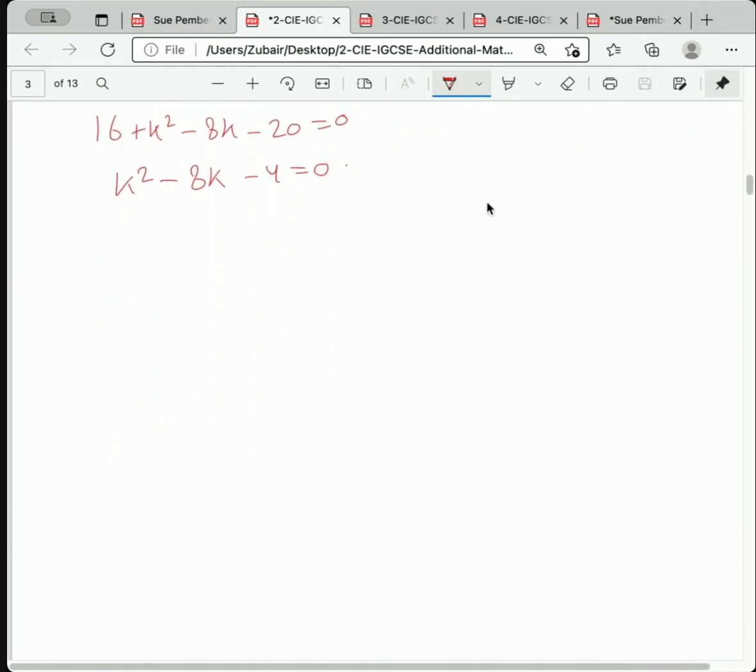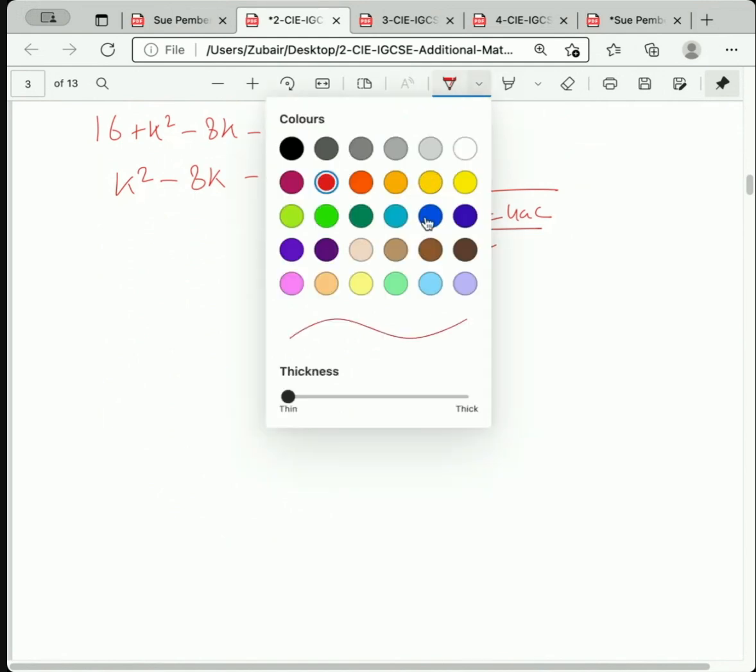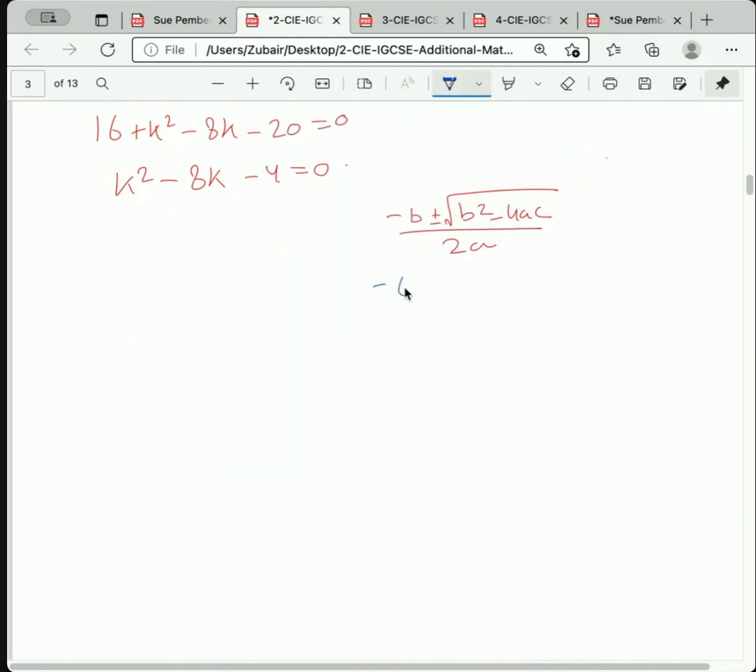Okay, for k I'm using the quadratic formula: minus b plus or minus square root of b squared minus 4ac, over 2a.